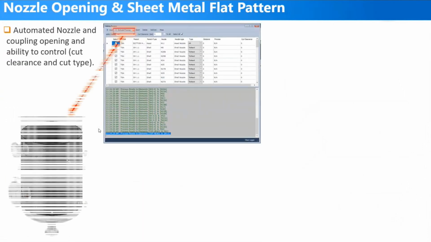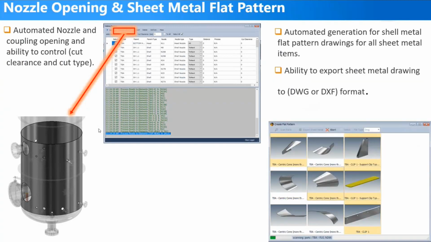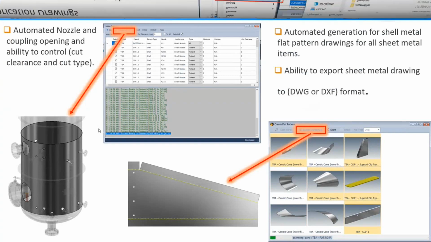You can generate a nozzle opening by using a tool used to generate the nozzle opening on the shell, and that will give you the ability to get the sheet metal development with the nozzle opening. You can get sheet metal development for all plates in your project by using the flat pattern tool in SEG software.